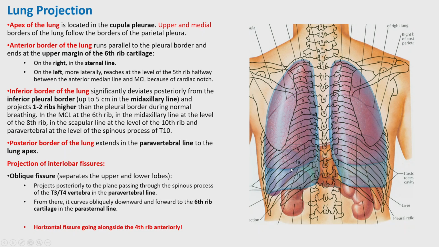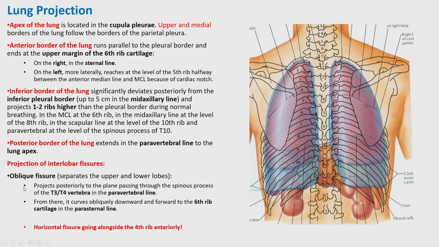Usually two ribs higher, approximately 5 centimeters, is where the inferior border of the pleural cavity is located, and those are the passage of the projection of the lung's inferior border.